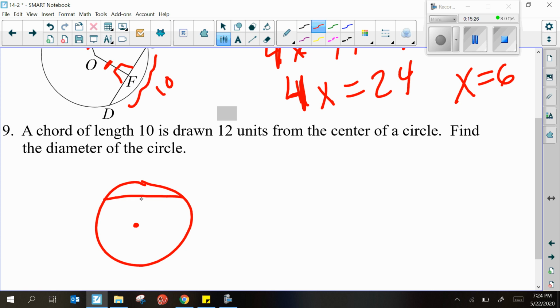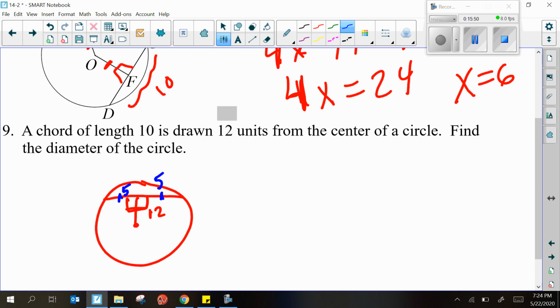It's 10 and it's 12 away. Remember, anytime you talk about distance, it's got to be perpendicular. So this is 12. And because I know this is perpendicular, since it's a distance away, this is being divided in half. So I know the whole thing's 10, but that means each piece is 5.